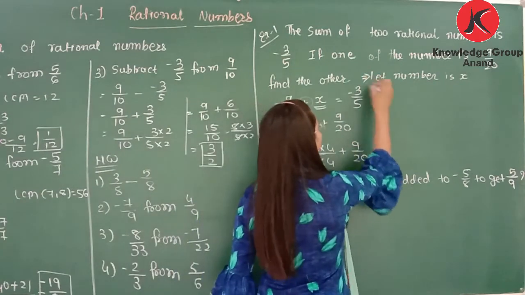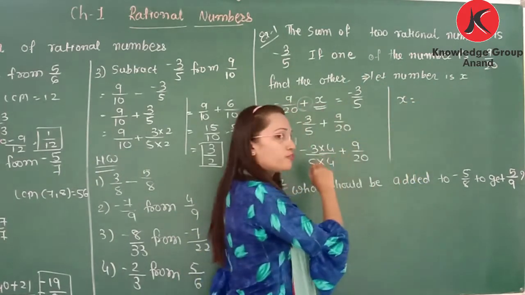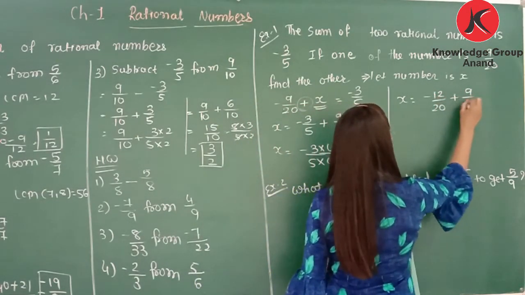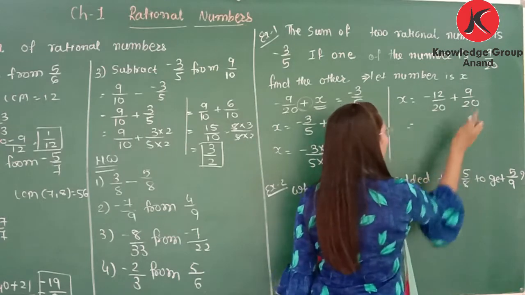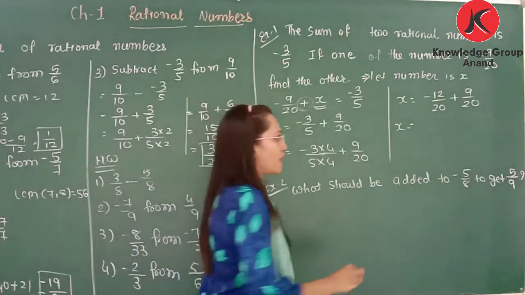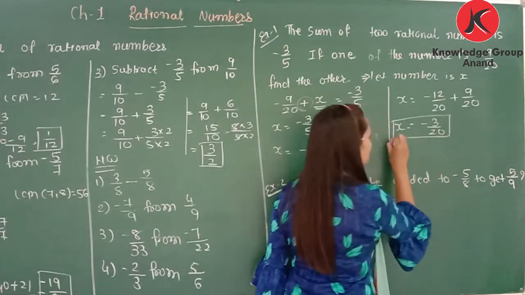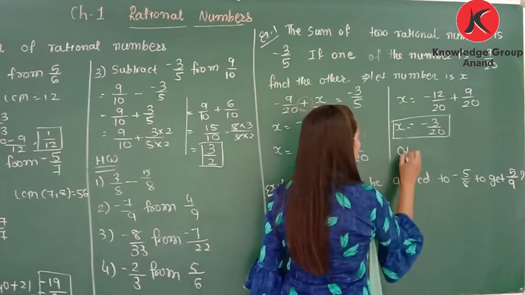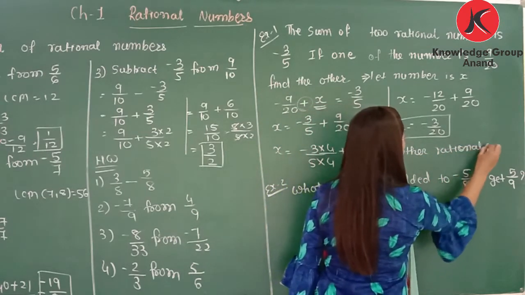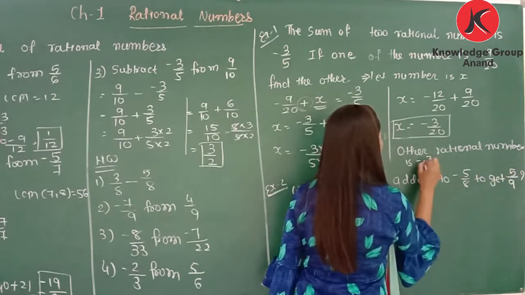So x is equal to 3 4s are minus 12 by 20 plus 9 by 20. Now the denominator is the same, so we can perform the addition. Minus 12 plus 9 is minus 3. So the other rational number is minus 3 by 20.